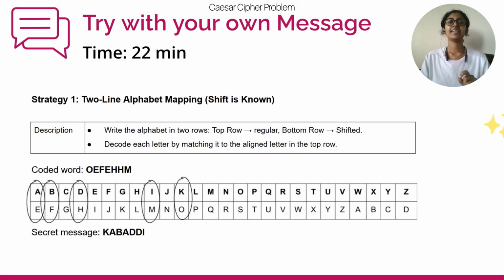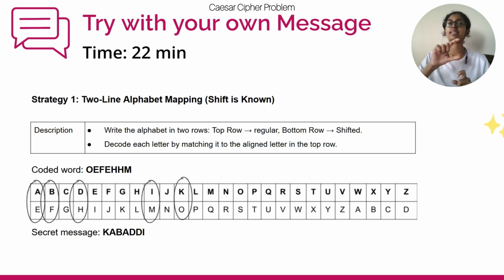The first strategy is the two-line alphabet mapping. This method is applicable when we know the shift. Let's take, for example, Kabaddi, the word coded using the +4 shift, as the coded word you can see here. The students are going to write two rows of alphabet.